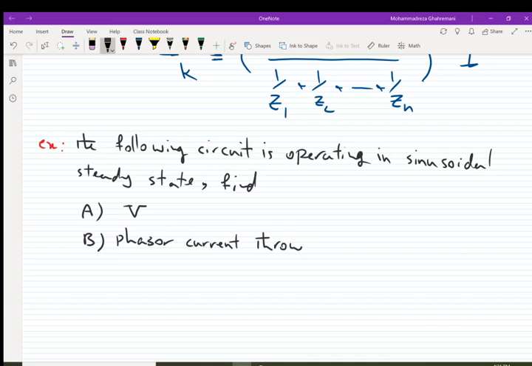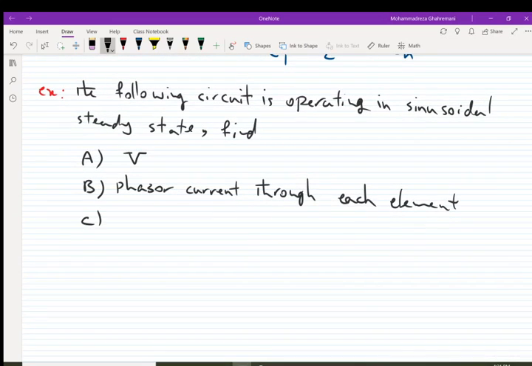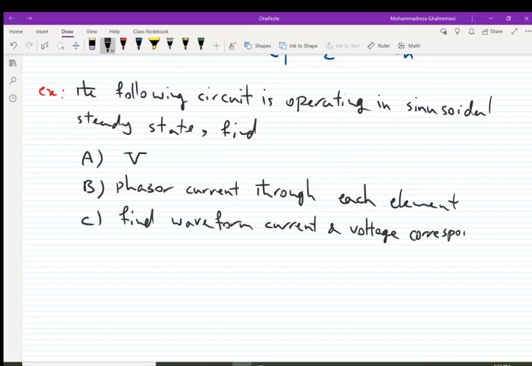through each element. Part C, find the waveform current corresponding to the phasors, currents and voltage corresponding to phasors.